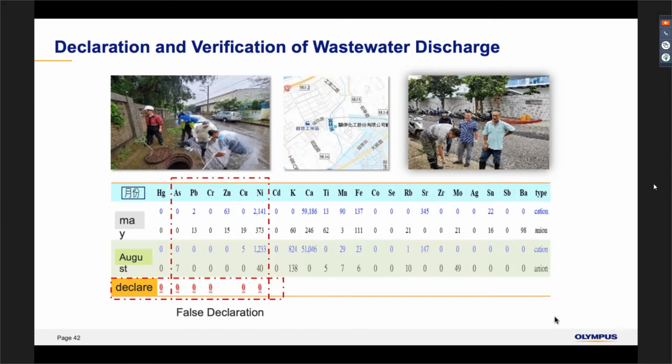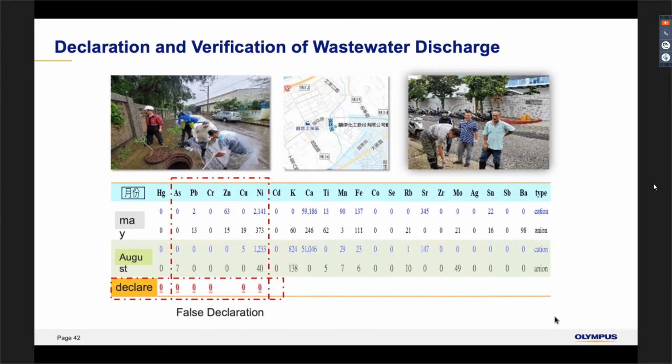But in actual situations, in many industries, there are different backgrounds in the water. So the metals can be negatively charged.